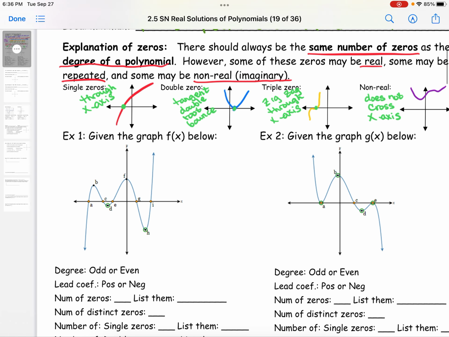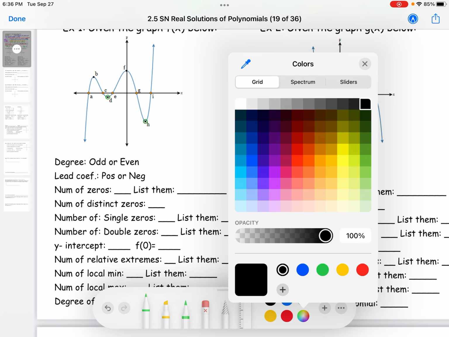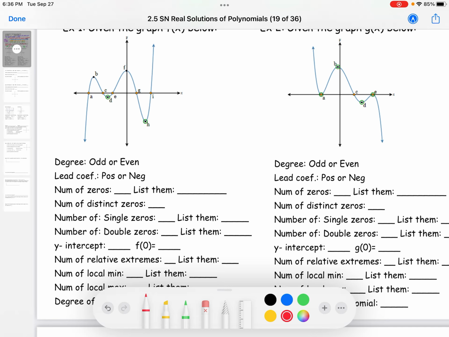If we look at example 1 here and all of these little questions after it, it's not that intimidating, I promise. Don't be scared. Looking at this graph, the degree here is odd because the left and right ends go opposite directions, meaning one goes down, the other goes up.